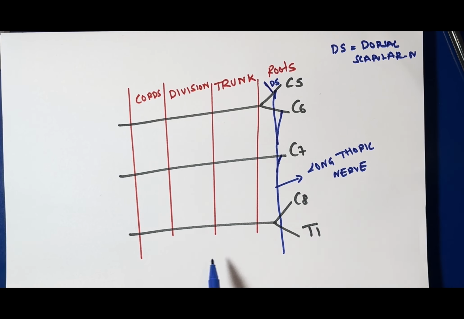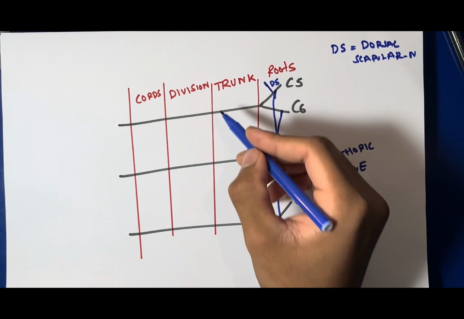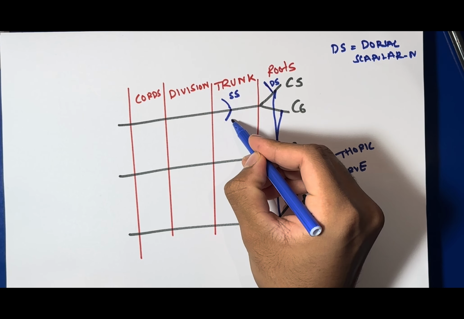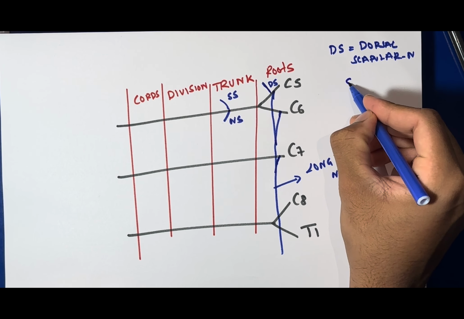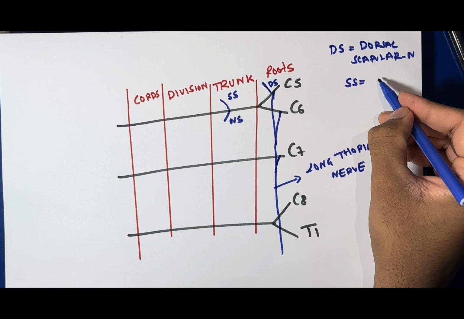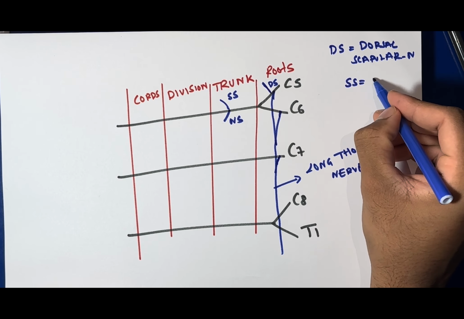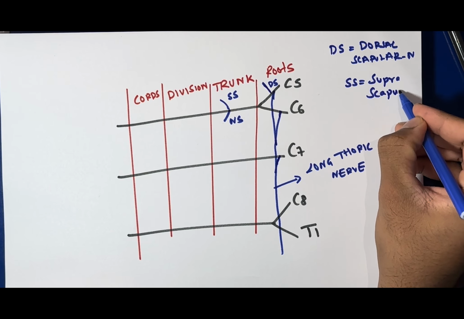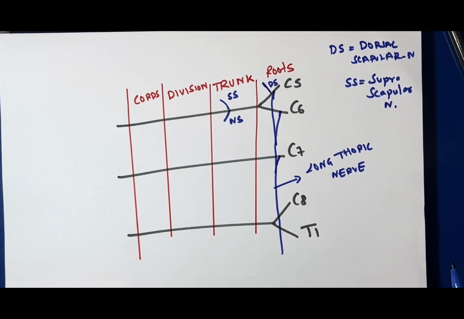Now we will see the branches from the trunks. Okay. 2 lines again, nothing much here. 1, 2. SS, NS. What is SS? Suprascapular nerve.